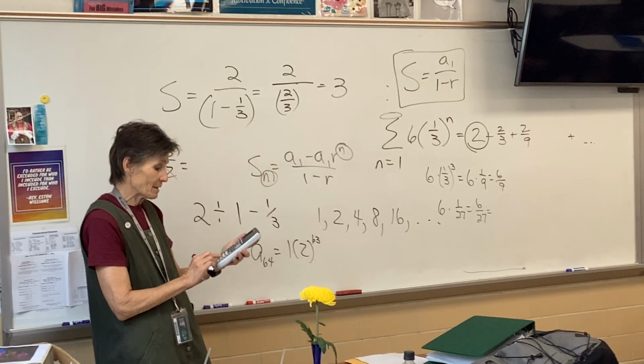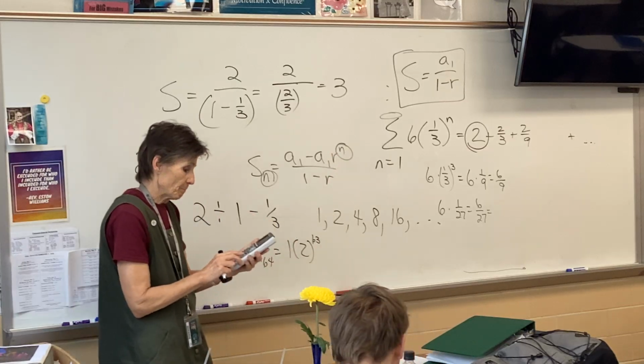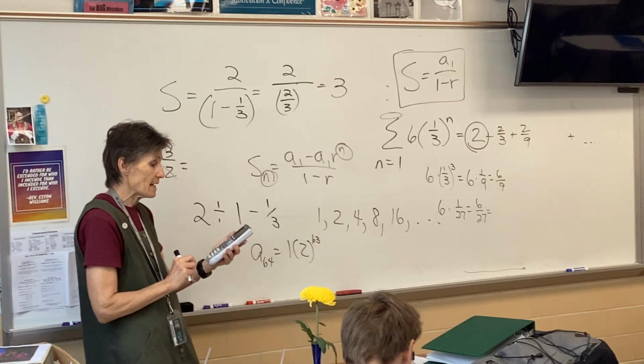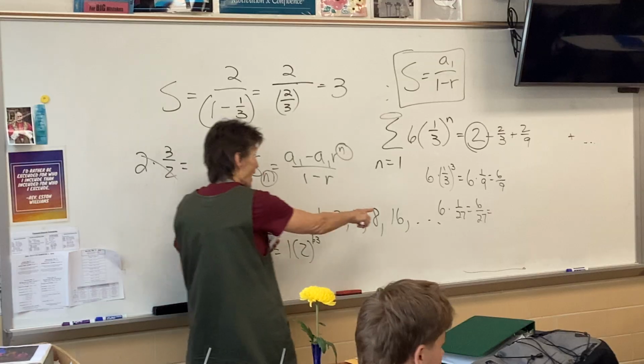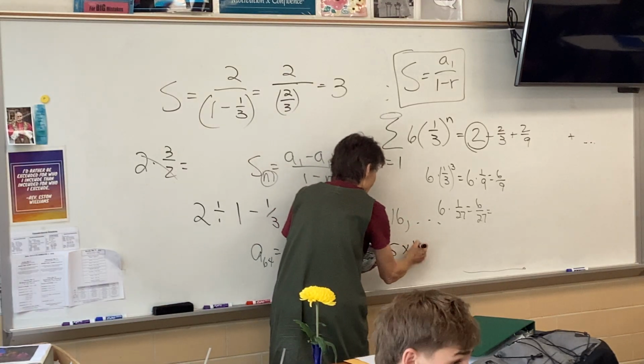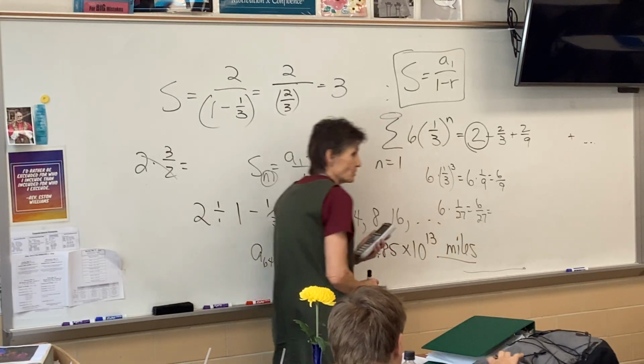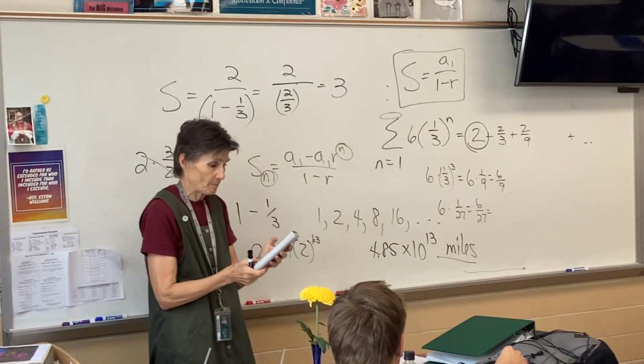I'm going to divide that by 12 to get how many feet. Divide that by 5,280, and that last term represents 4.85 times 10 to the 13 miles' worth of checkers. Wow.